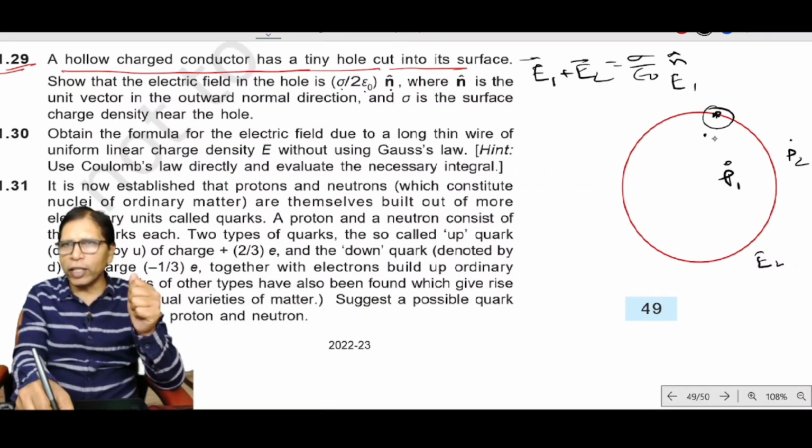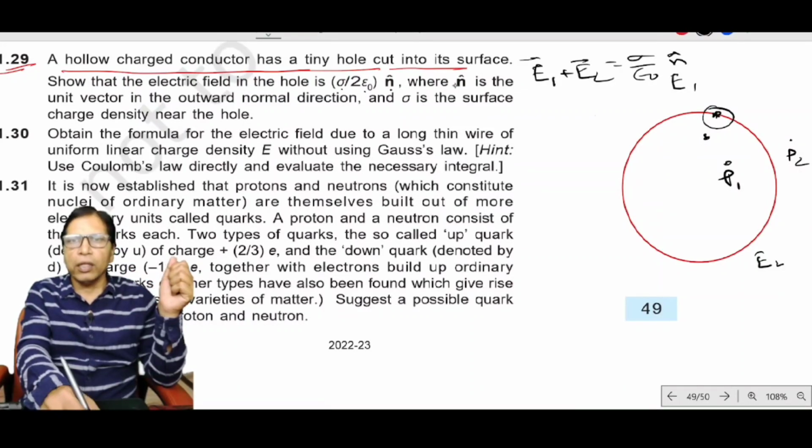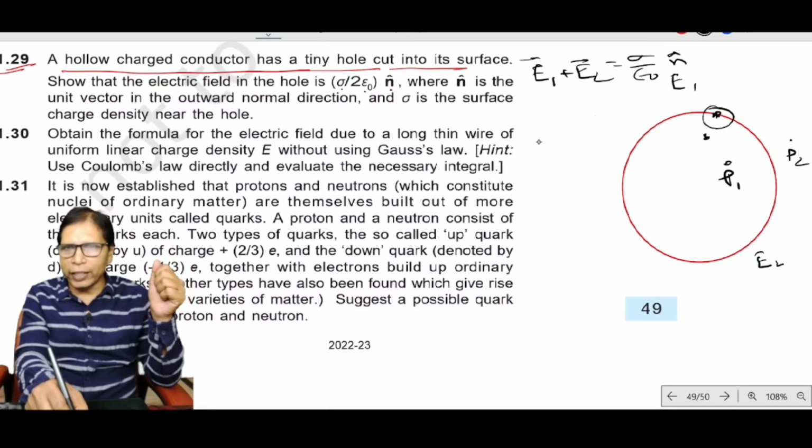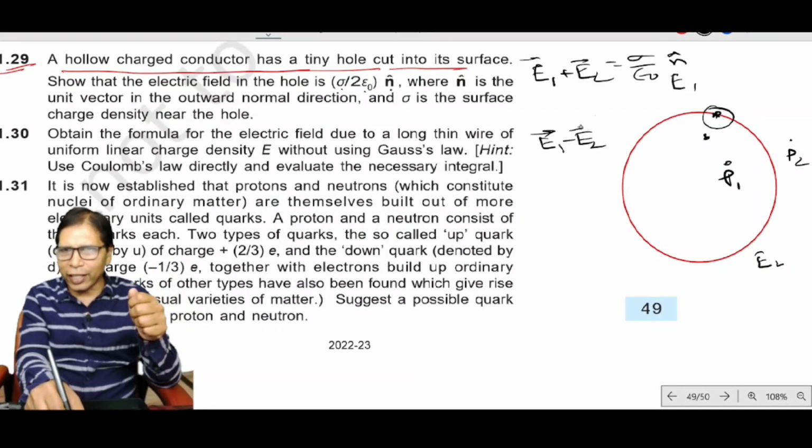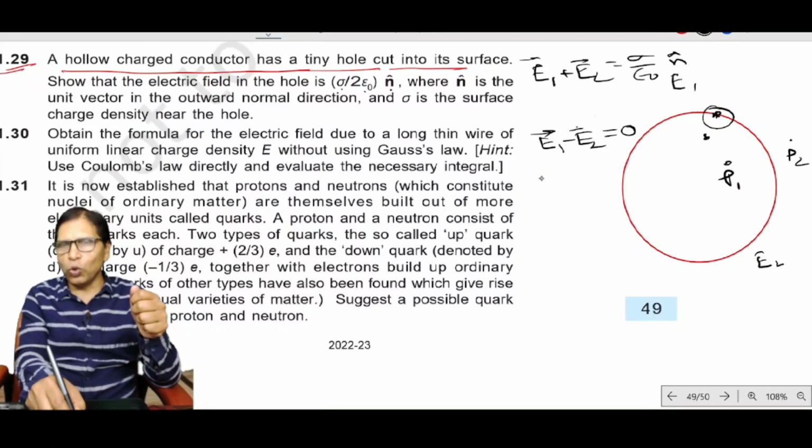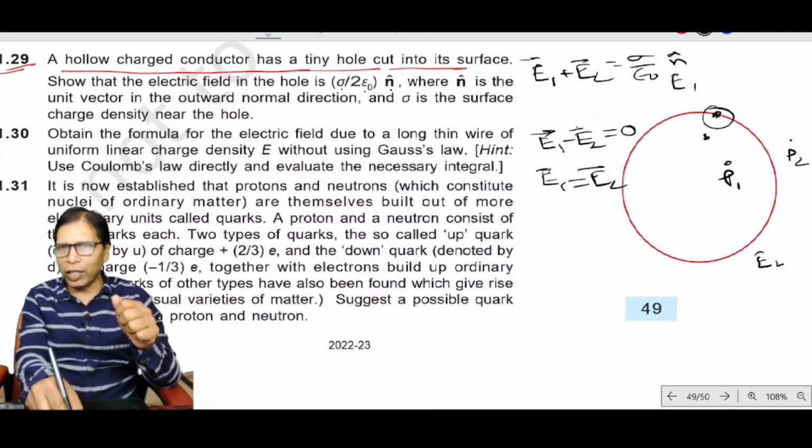Now inside the cavity, the electric field is 0. Within the cavity, E1 vector minus E2 vector equals 0, so E1 vector equals E2 vector.